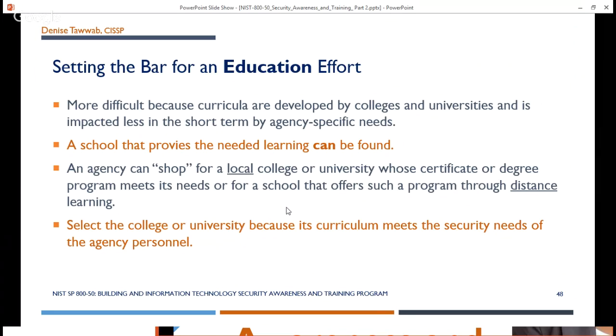An agency can shop for a local college or university whose certificate or degree program meets its needs, or for a school that offers such a program through distant learning, and select the college or university because its curriculum meets the security needs of the agency personnel. And there's a lot happening in this area according to the NIST framework, but that's a different presentation.